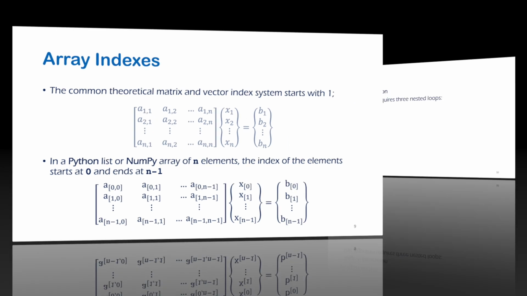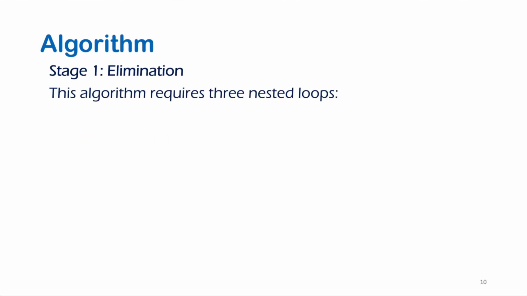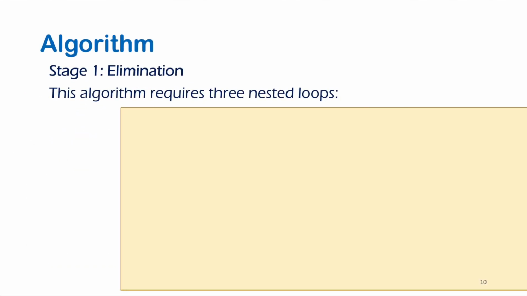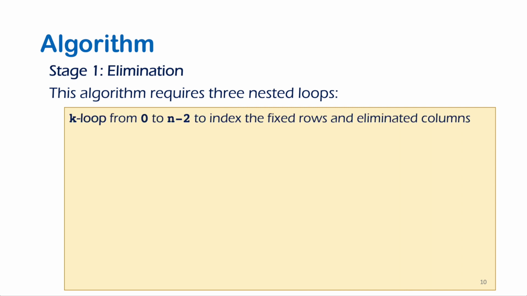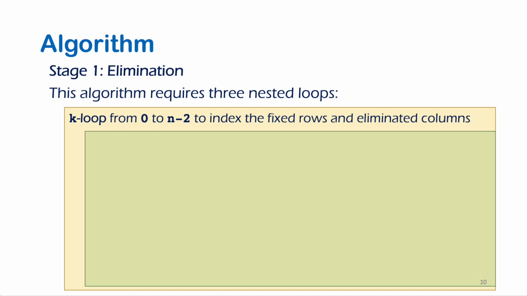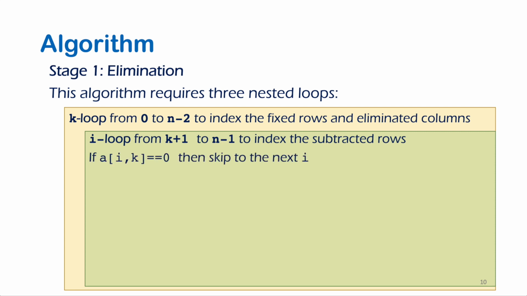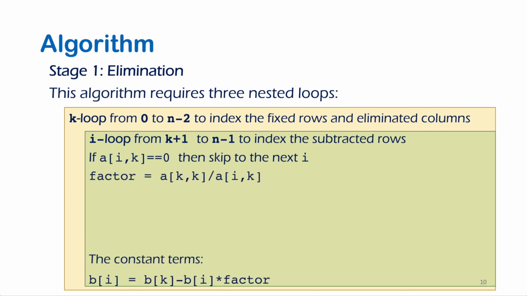The algorithm of the elimination part requires 3 nested loops. The first is the k loop, which specifies the fixed rows. According to the Python index system, it should start at 0 and end at n-2. The second inner loop is the i loop, which applies the elimination to the rows below the fixed row. In this loop, we check for a 0 element before elimination, calculate the factor of each row, and calculate the b vector element transformation.